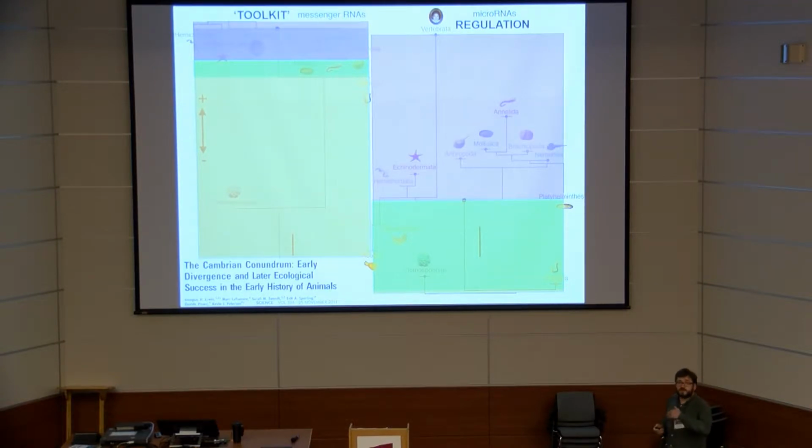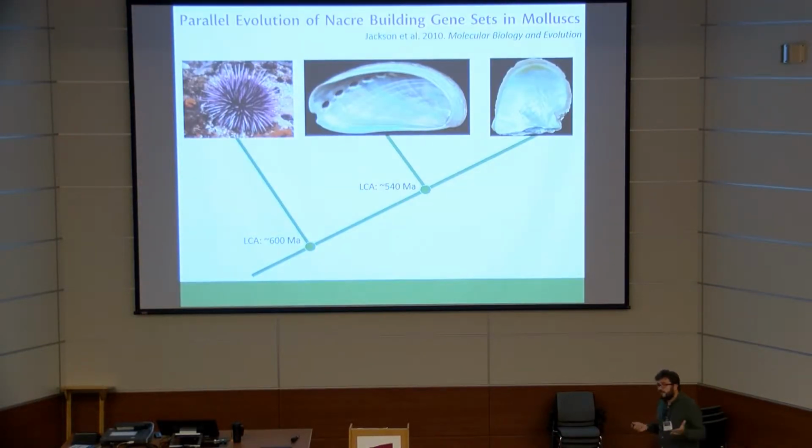And then subsequently we see predominantly a story of loss, whereas if we look at the microRNAs involved in regulation, very few evolved in the deepest animal branches. Most, in fact, evolved in the bilaterian stem, and then also lots of specific elements to do with the individual phyla.